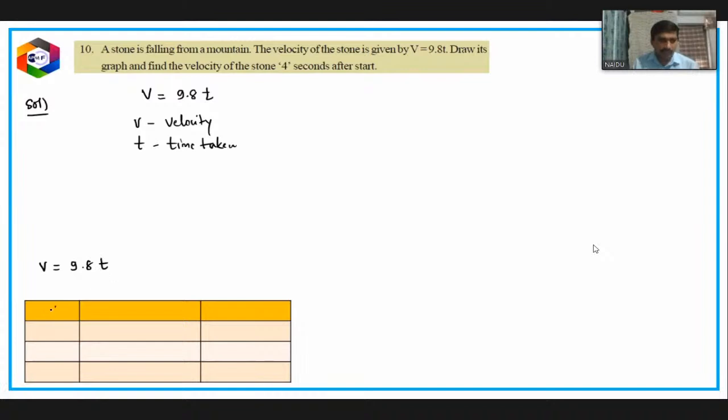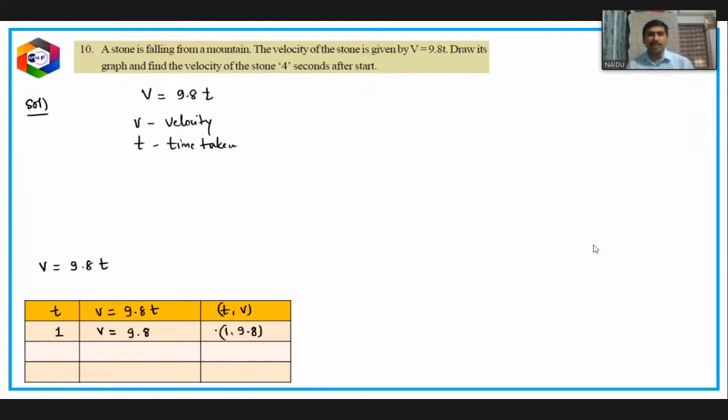Here the time we are taking and finally velocity we are calculating, which is 9.8T, and finally the point (T, V). So first, I'm going to take time t as 1 second. If you take t as 1 second, 9.8 into 1 will be 9.8. So the point will be (1, 9.8).